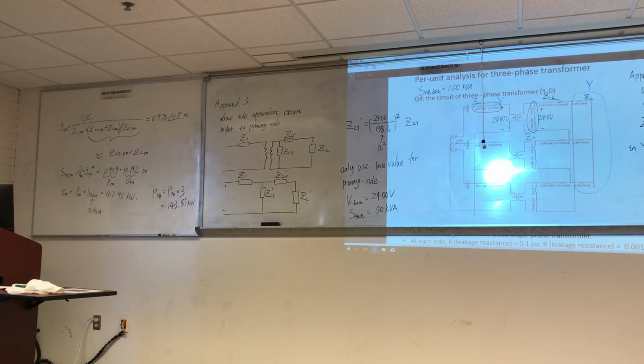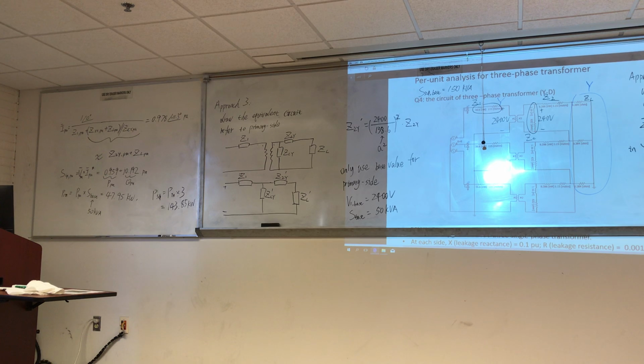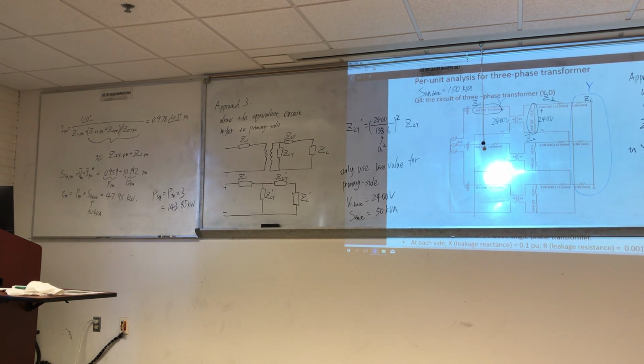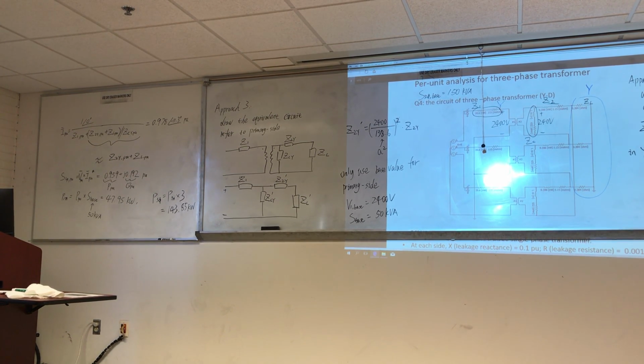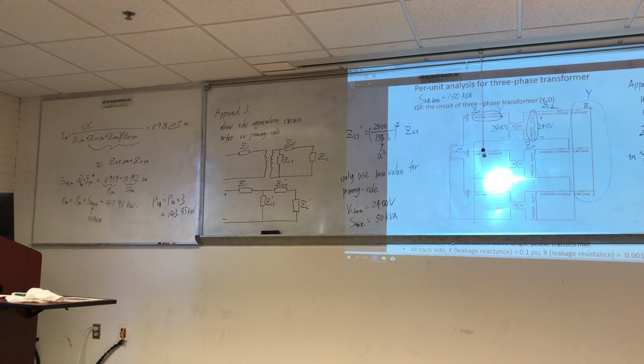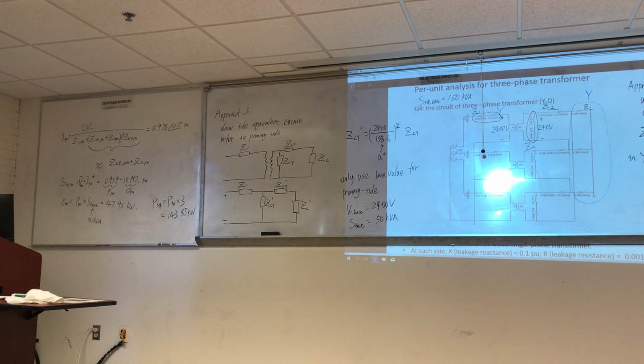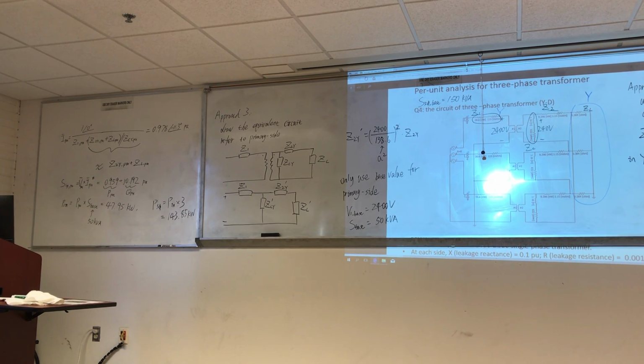Then you will find your per unit equivalent circuit is the same as this one. Every per unit value is the same. Why are you always finding the equivalent circuit in the end? In per unit analysis, you should find the variables and that's it.